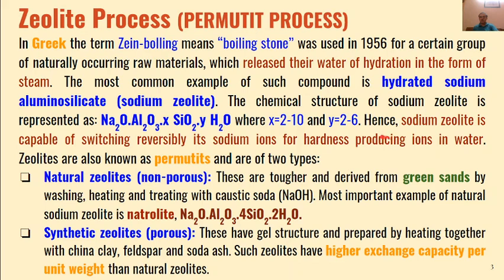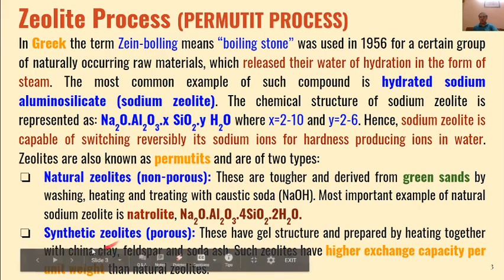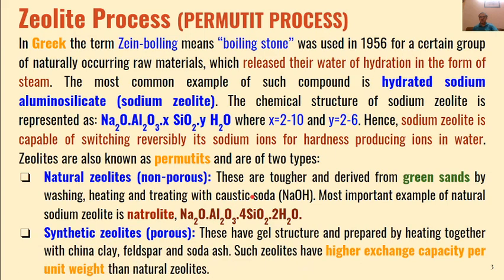Now zeolites or permutites are of two types, either natural zeolites or synthetic zeolites. The natural zeolites are non-porous in nature and very tough, and they are derived from green sands.